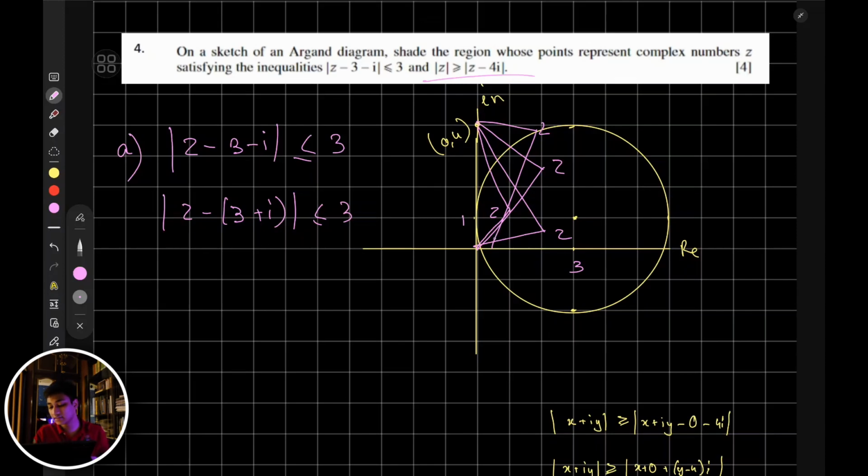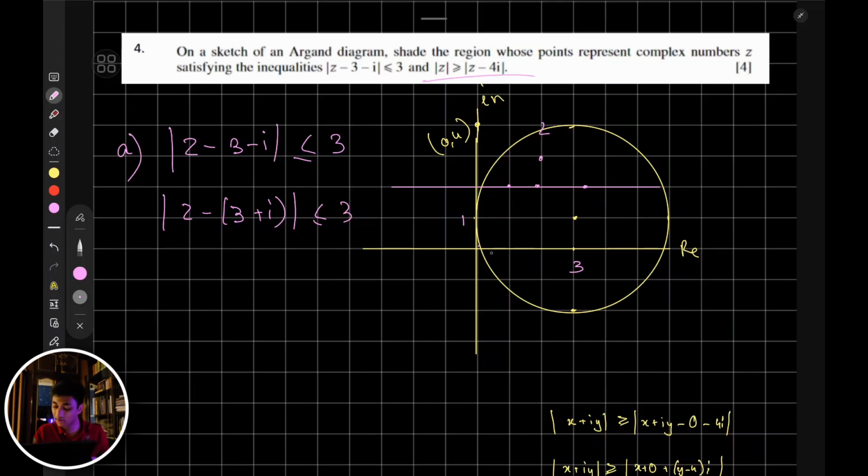Where do you see that the distance between this point, 4i, and z is smaller than the distance between z and the origin? That point is basically along this line. Because if z lies on this line, it is always equal. The distance between this and this, and this and this, is always equal.